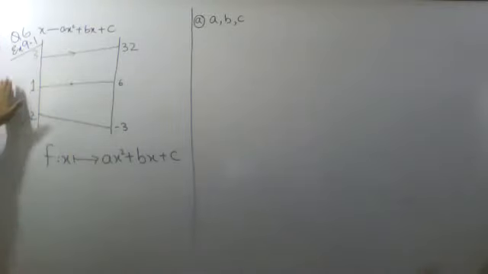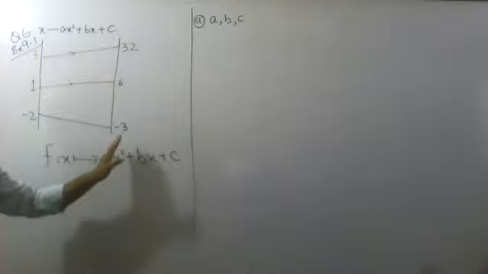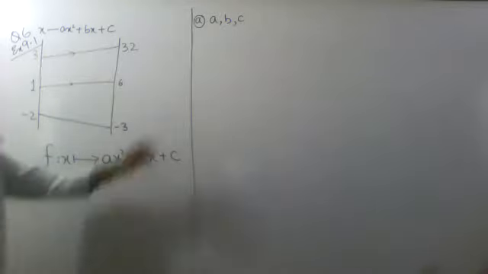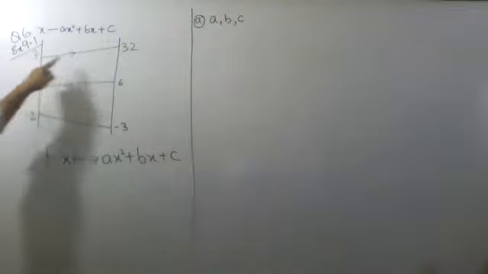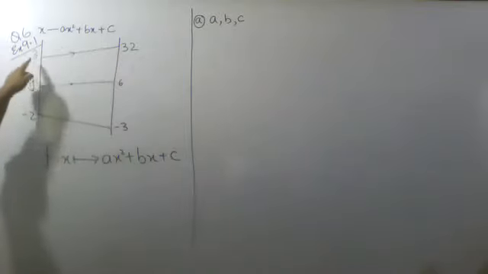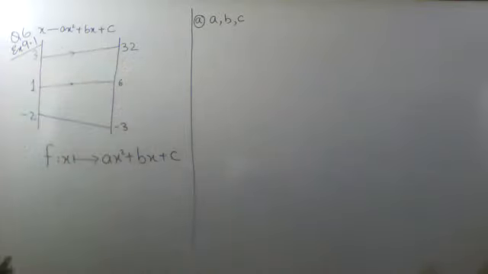I'm going to use the value of domain and the value of range to find the value of A, B, and C. So how am I going to start? First of all, I'm going with the first set, this one and this one.